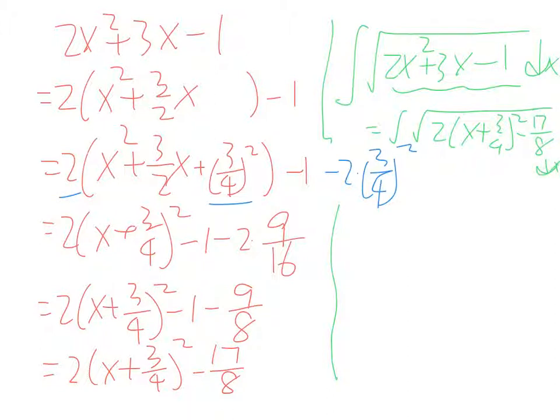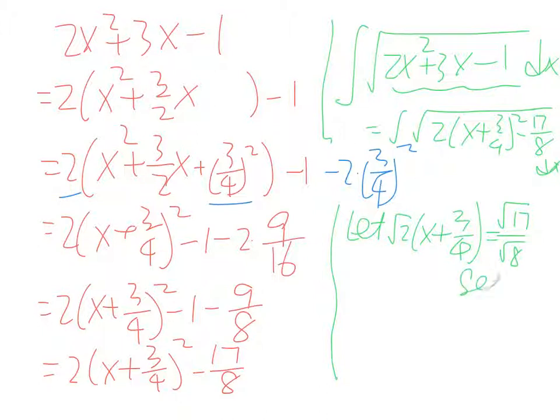From this expression, now we recognize this is a secant substitution. I will let the square root of 2 times x plus 3/4 be square root of 17 over square root of 8, secant theta, d theta. And then we can move on. Okay, let's look at another one.